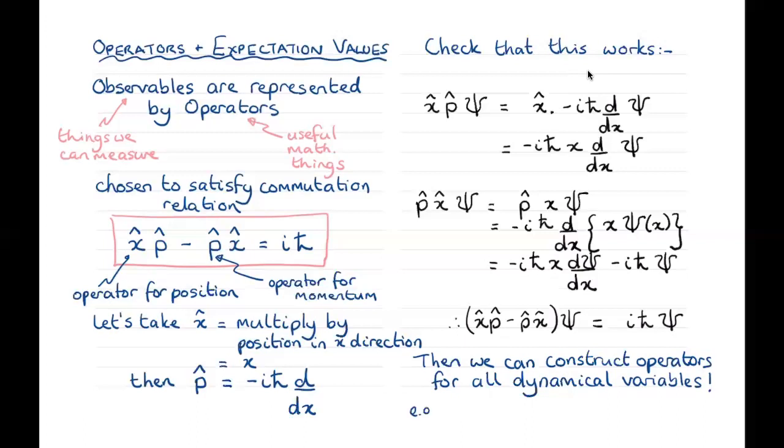So for example, the kinetic energy, which we know is p squared over 2m, then the operator for kinetic energy is the momentum operator squared over 2m, which is minus h bar squared over 2m d2 by dx squared in one dimension, which of course we're familiar with as the kinetic energy term in the Schrödinger equation.